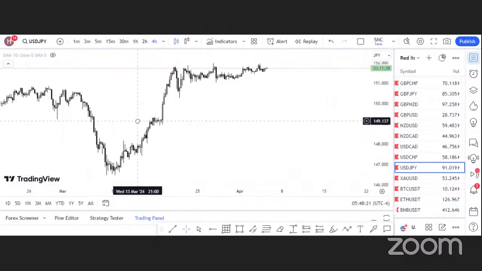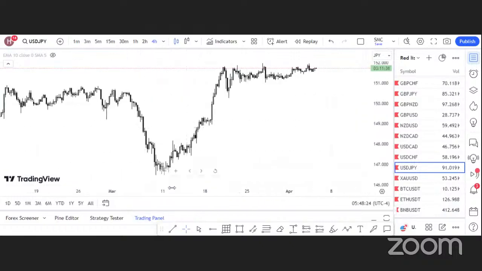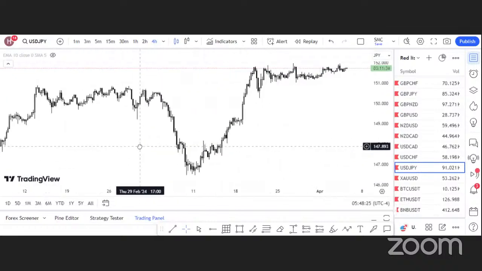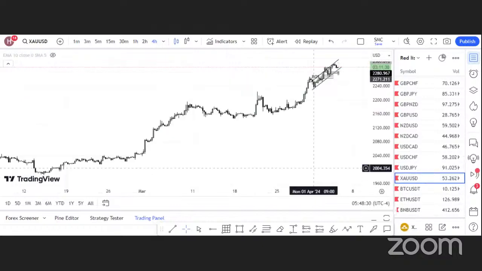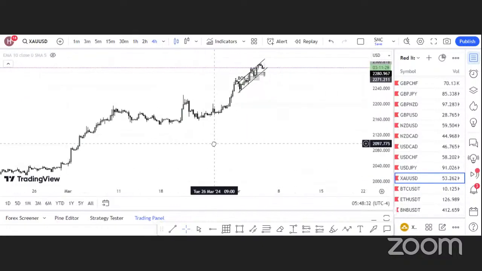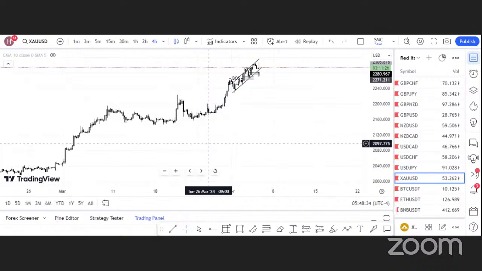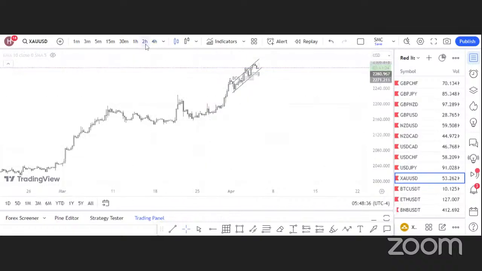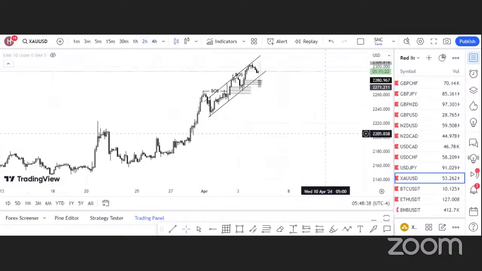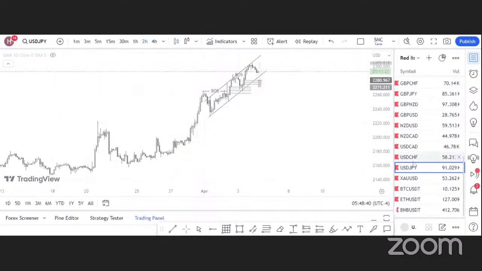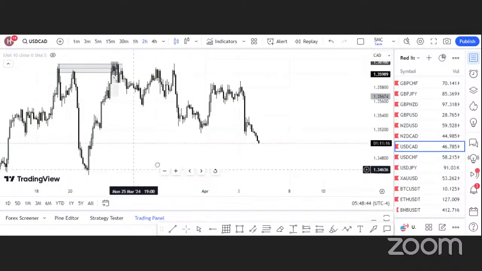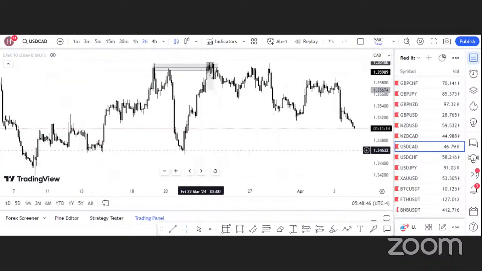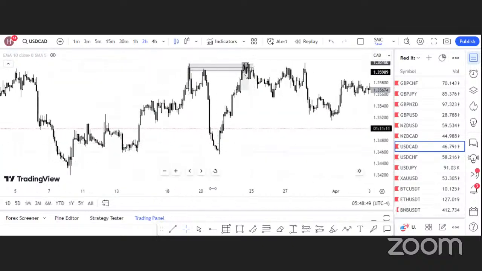And we couldn't get an opportunity. All right. So let's move to the Forex instruments.